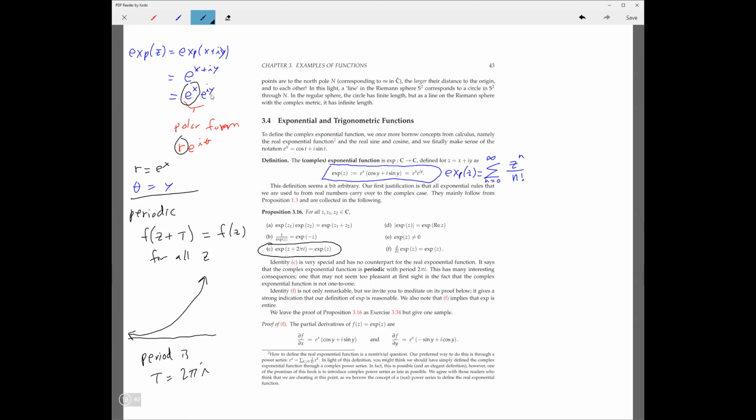The angle part of the polar form. So if you increase the y by 2 pi, then you're going to get the same values back for this and this. Because cosine and sine have a period of 2 pi. That means that this is going to have a period of 2 pi i.